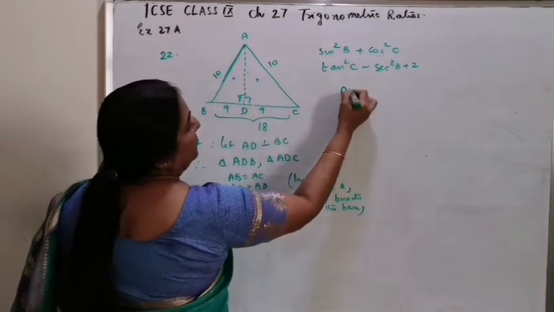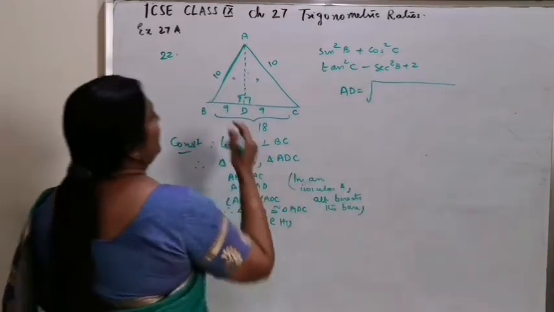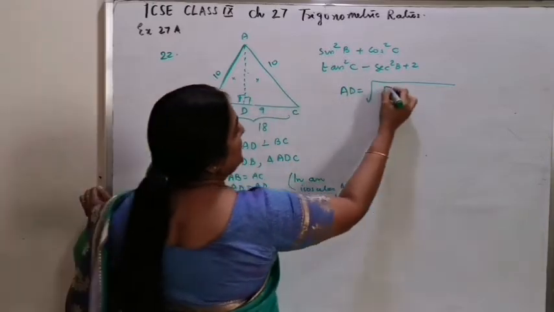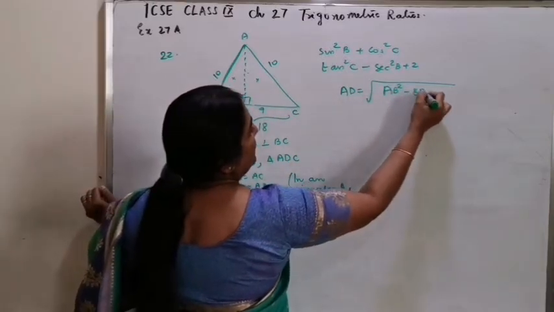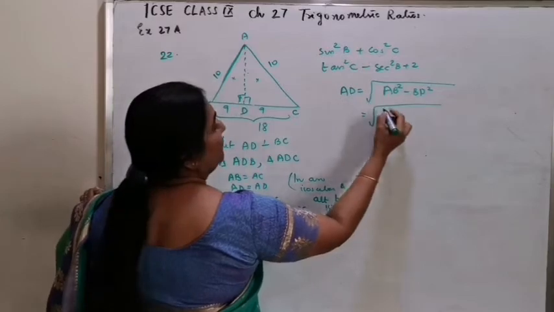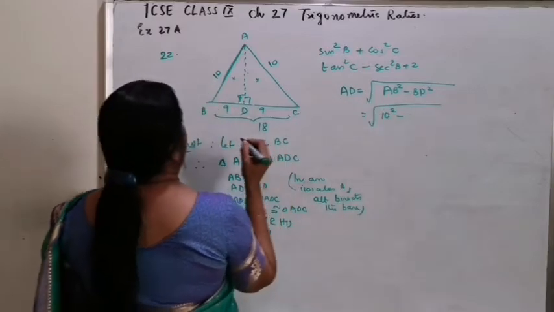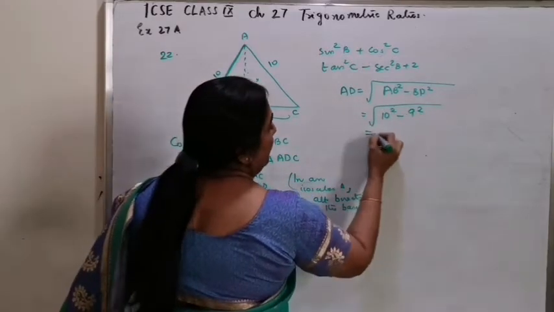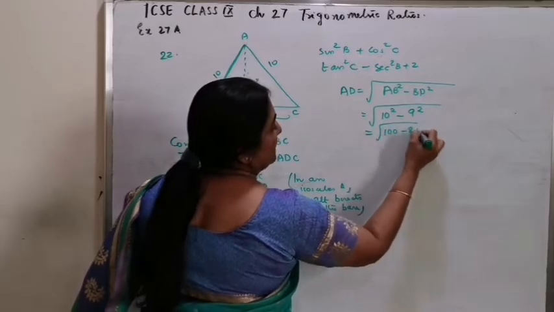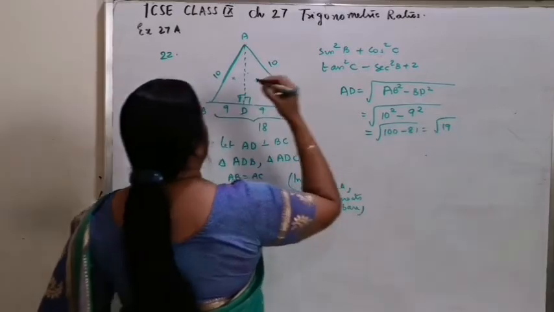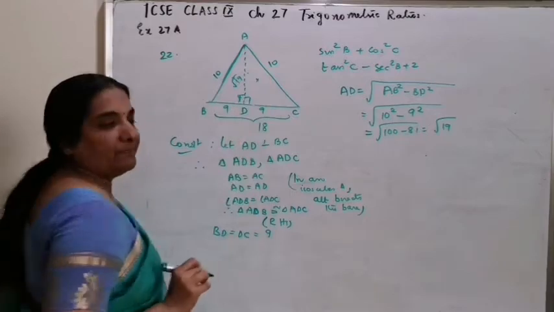You can get the length of AD as square root of AB square minus BD square, square root of 10 square minus 9 square, square root of 100 minus 81, or root 19 units.